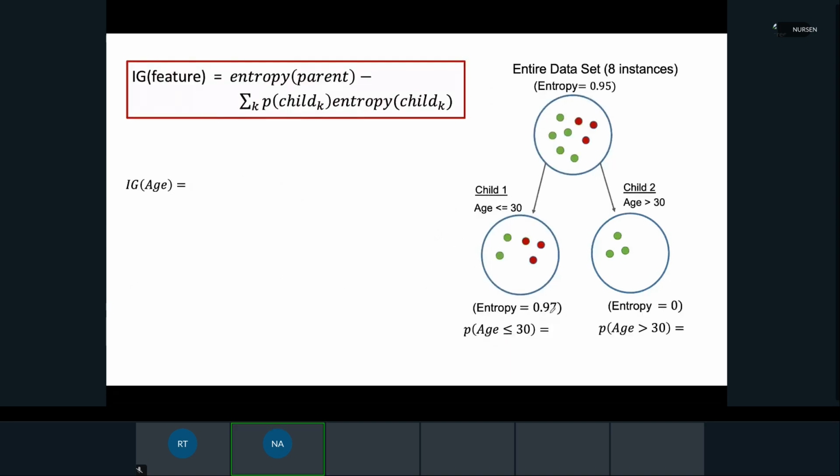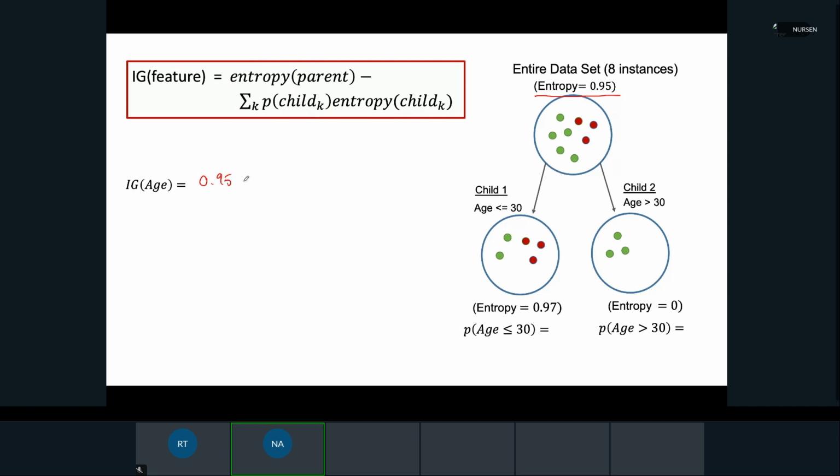So we calculated the entropies of each subgroup in the age category. We know the entropy of the entire data set. Now we are going to calculate the information gain. So information gain, as you see here, is how much knowing the feature, so if we know the age of the patients, how much our predictions are going to improve compared to knowing nothing.